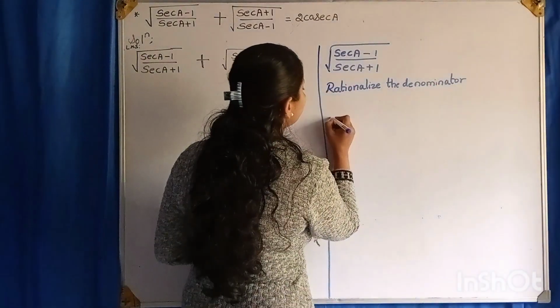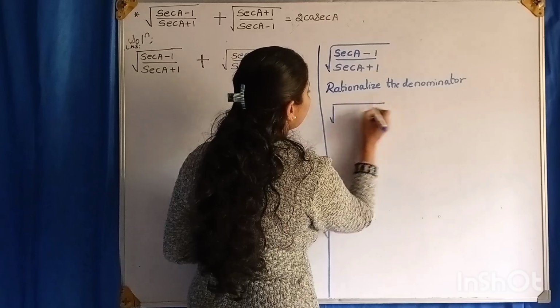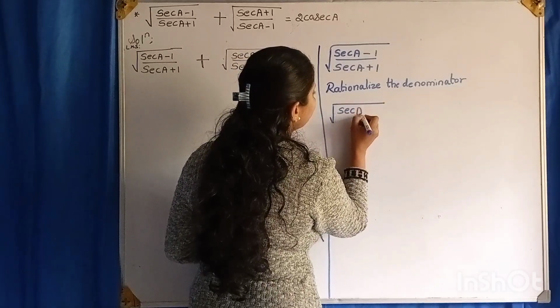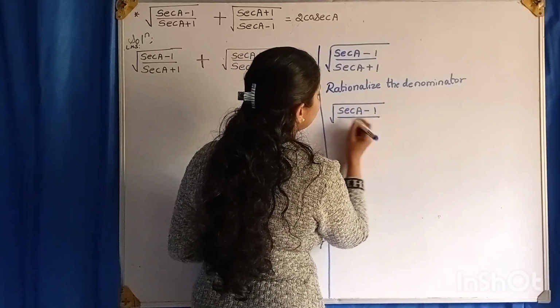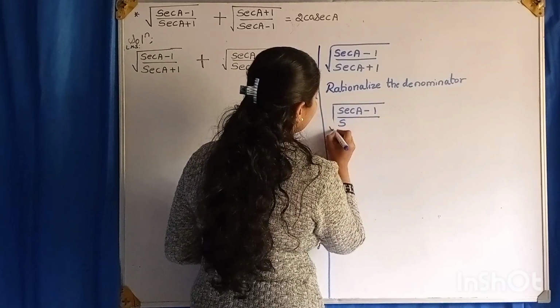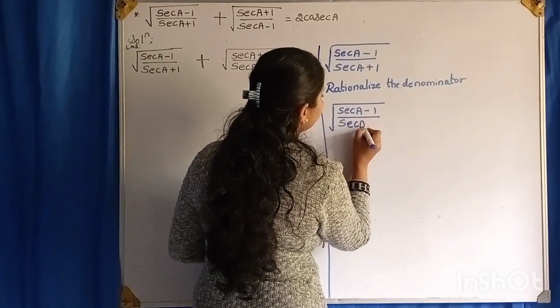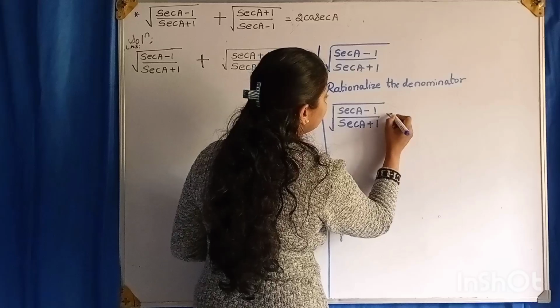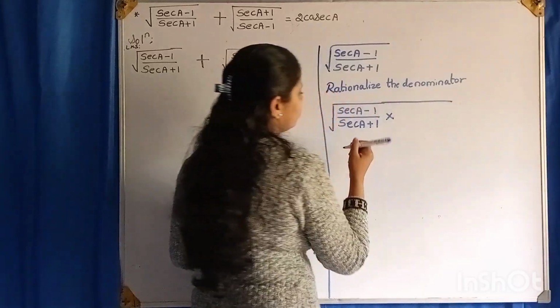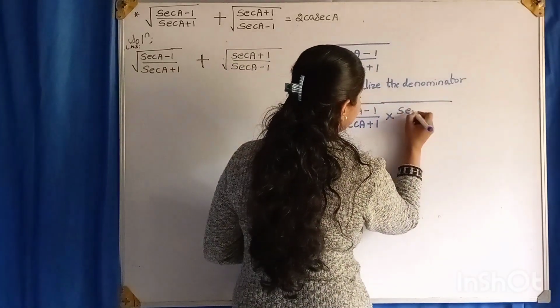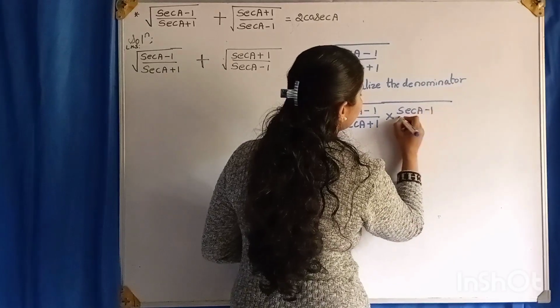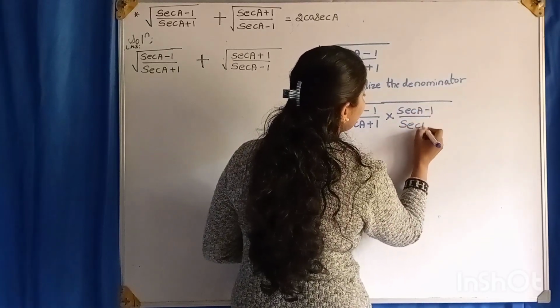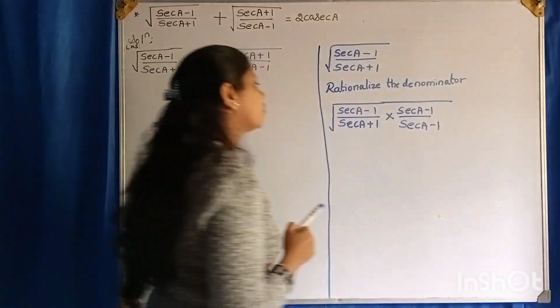Then what it will become? Square root of secant a minus 1 divided by secant a plus 1, into secant a minus 1 divided by secant a minus 1.